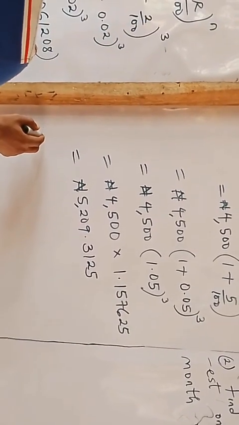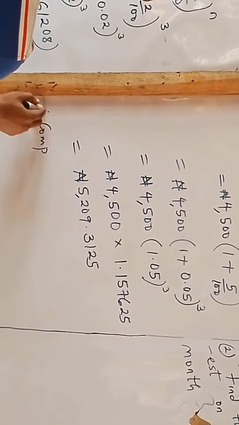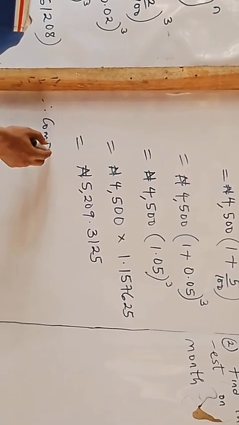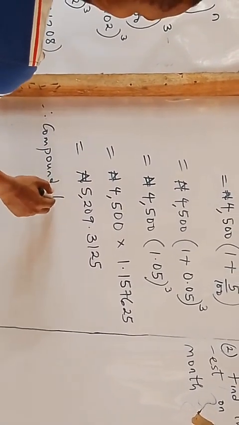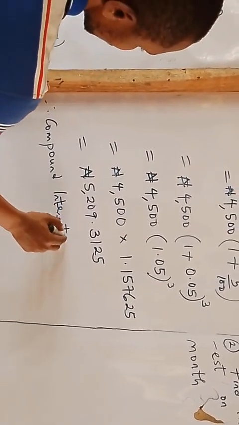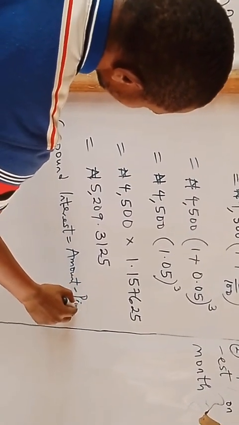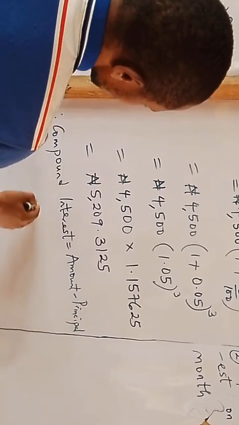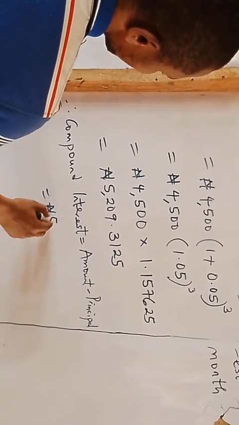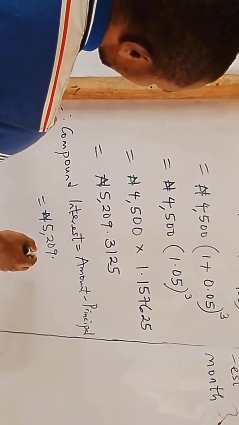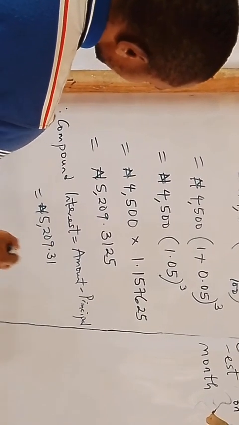Then we are going to calculate our compound interest. Therefore, this is the therefore symbol in mathematics. Take note of that. Compound interest is equals to amount minus principal. So we are going to have 5,209.31.